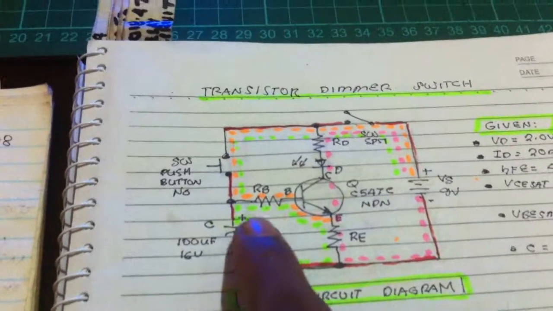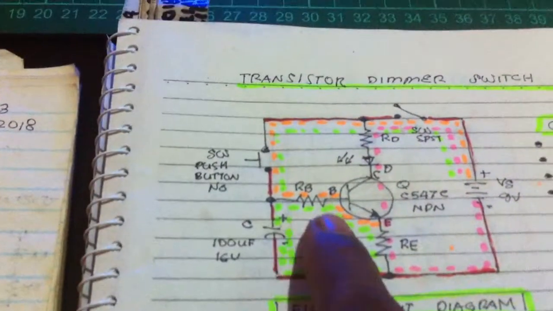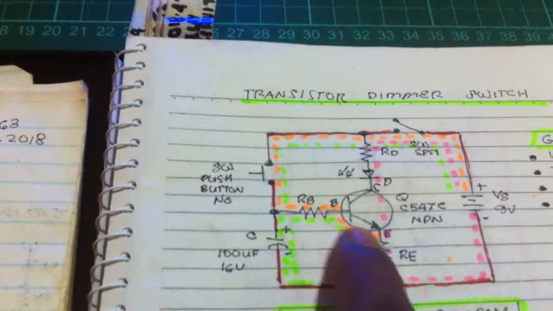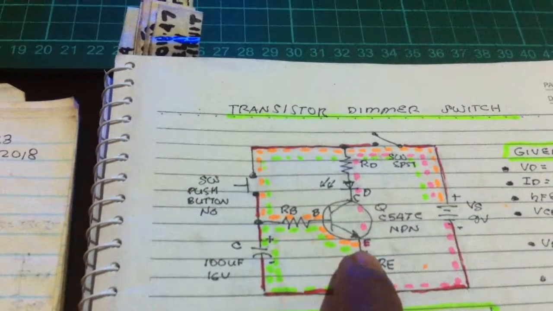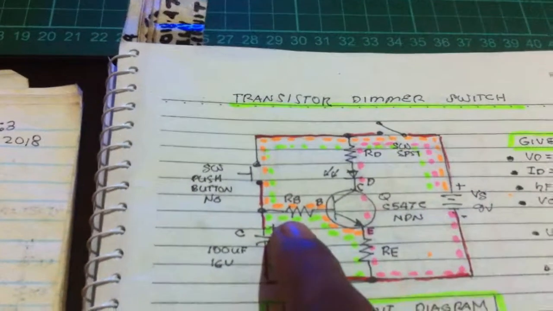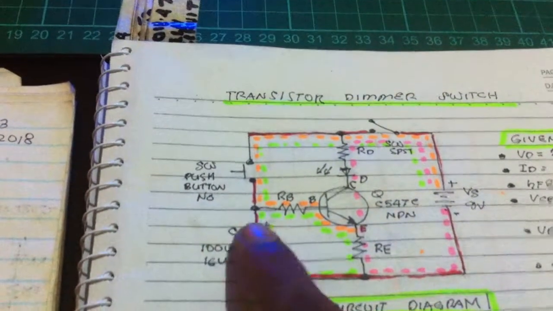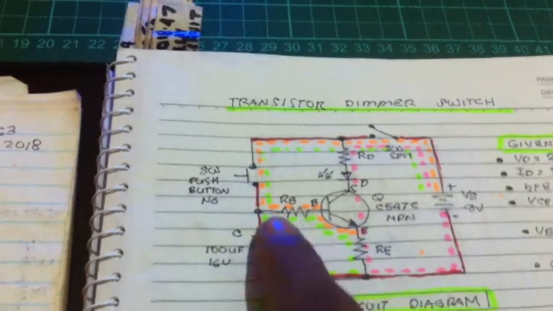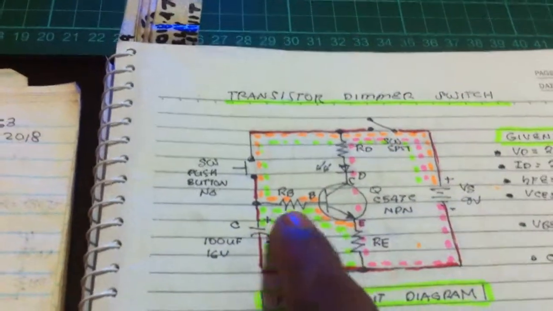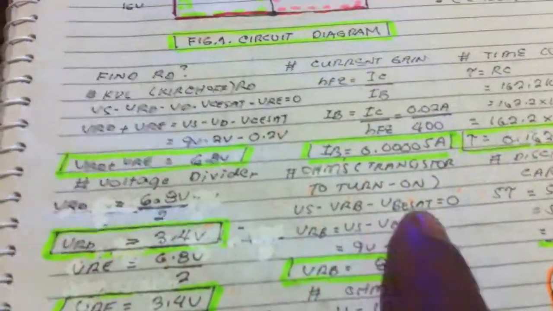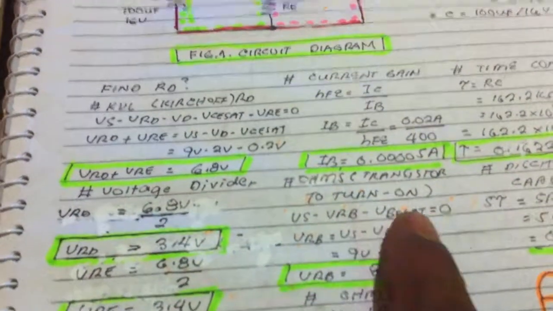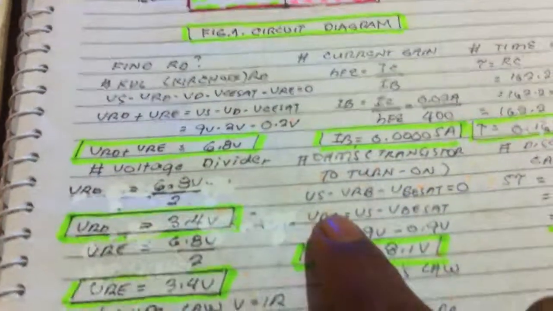We just calculate up to here, base to emitter, because we are trying to find what is the voltage drop here. Just to turn on this transistor, we're using this formula, Ohm's law.